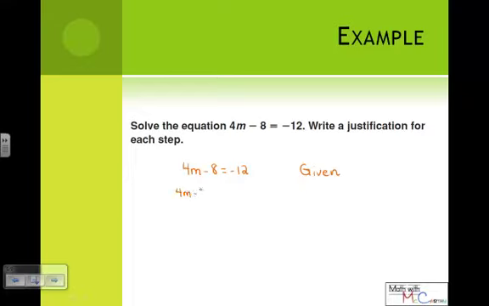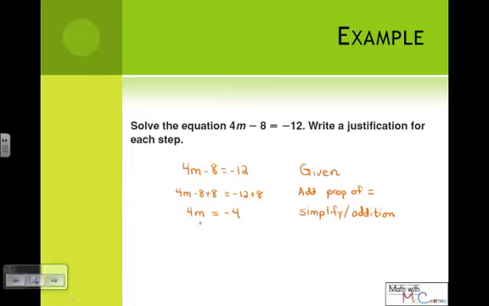So we have 4m minus 8 plus 8 equals negative 12 plus 8. And that is the addition property of equality that allows us to do that. So we can combine our like terms and get 4m equals negative 4. That would just be simplification or addition. Oftentimes we write addition as to what we actually performed there.